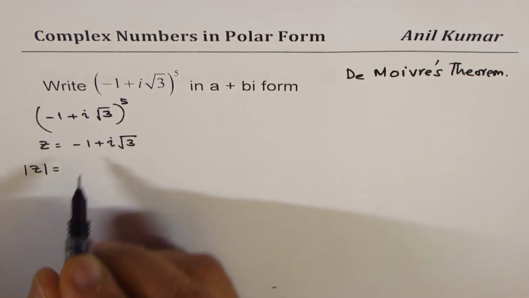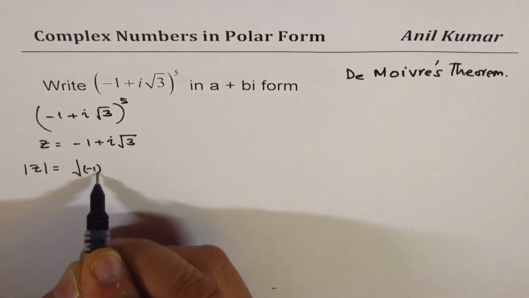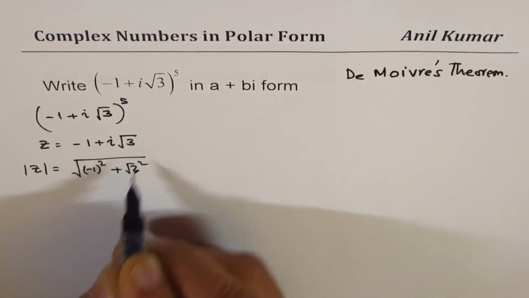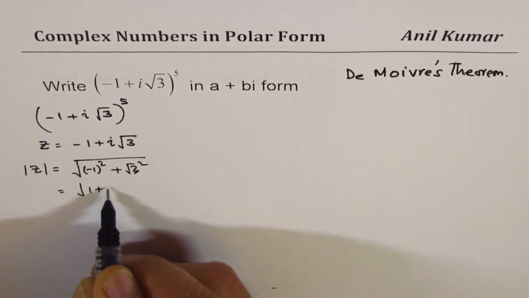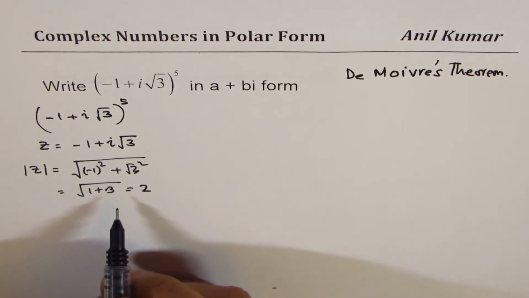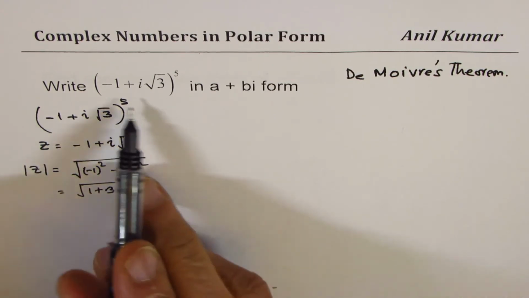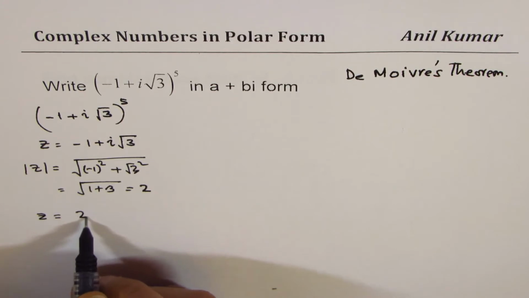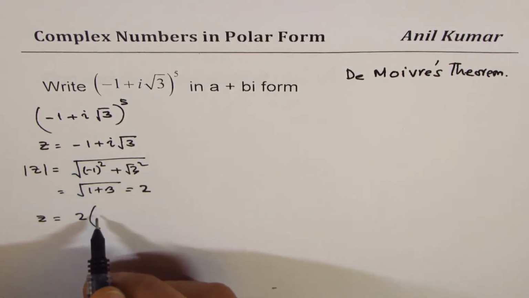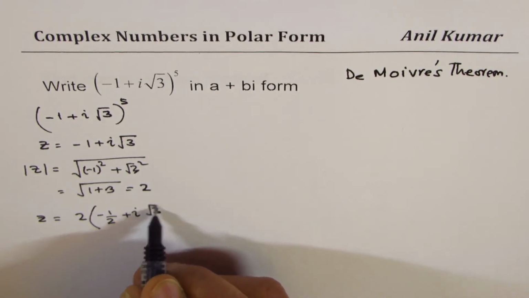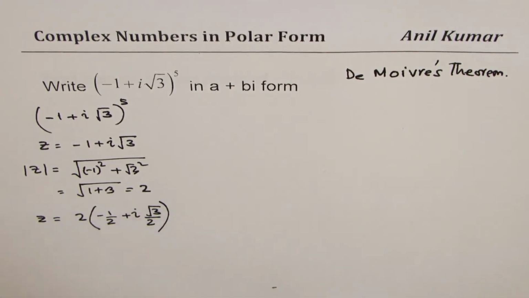It is the square root of minus 1 squared plus square root 3 squared, which is the square root of 1 plus 3, which is 2. So the magnitude is 2, and we can write z as 2 times minus 1 over 2 plus i square root 3 over 2.